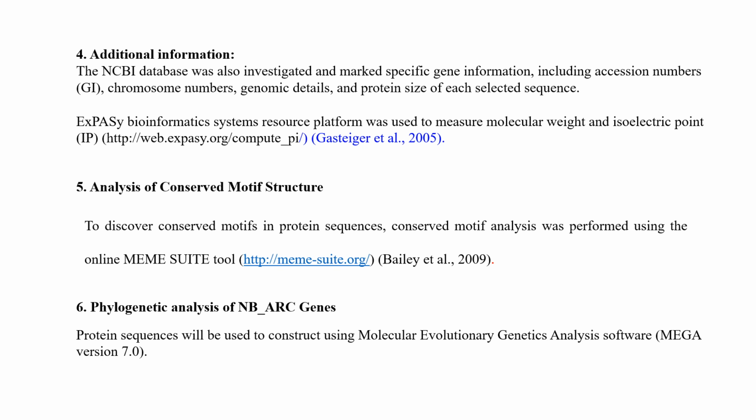So you can remove these duplicate sequences. We may have different genes that have the same information, so it's called duplication. We remove the duplications and determine the conserved motif structures.